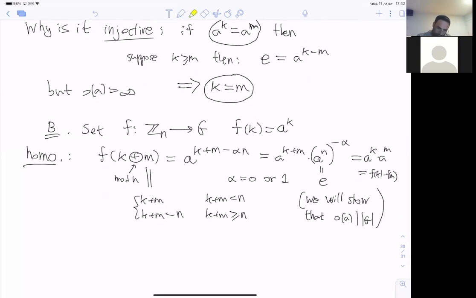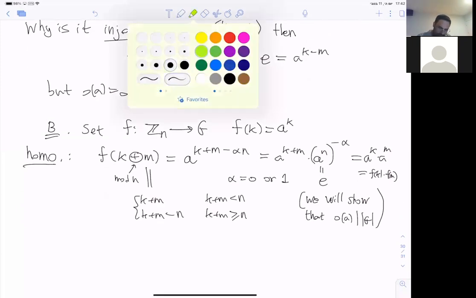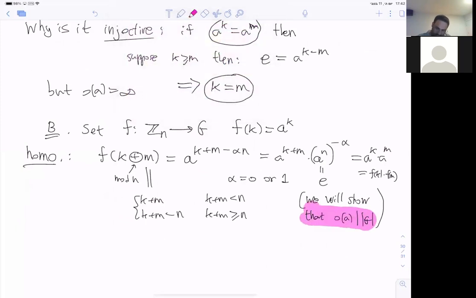We have to show that, and it will be direct from Lagrange's theorem, that always the order of an element divides the order of the group. So it's homomorphism.